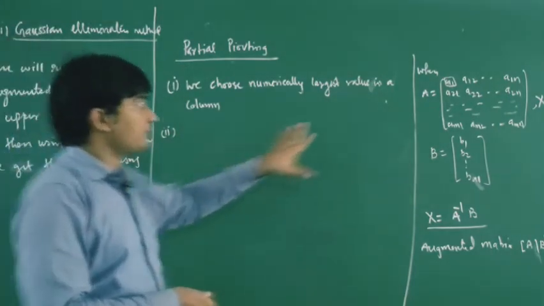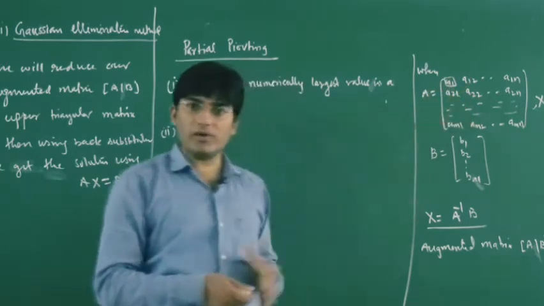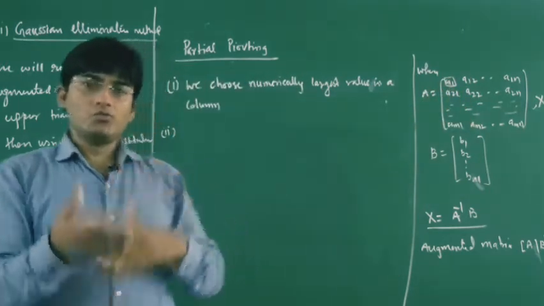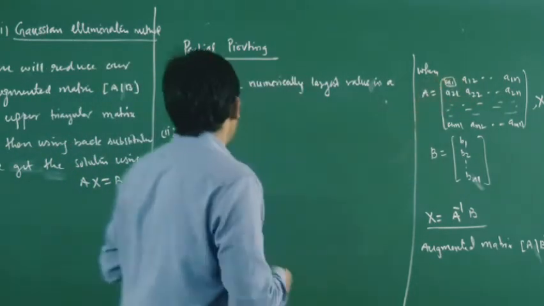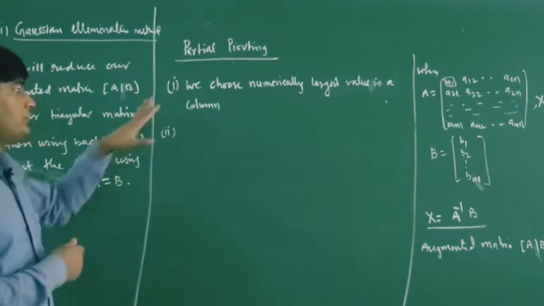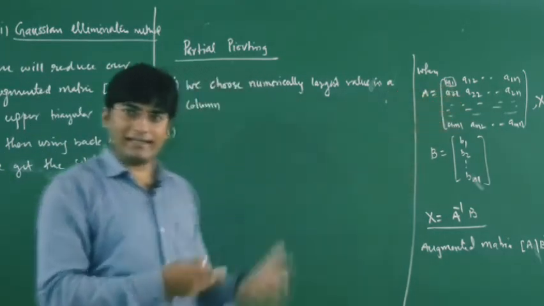Now if it is not the numerically largest value, suppose that A21 is the numerically largest value, then what we will do? We will try to interchange our rows. So if this is the numerically largest value, then with the help of this one we will annihilate the elements.